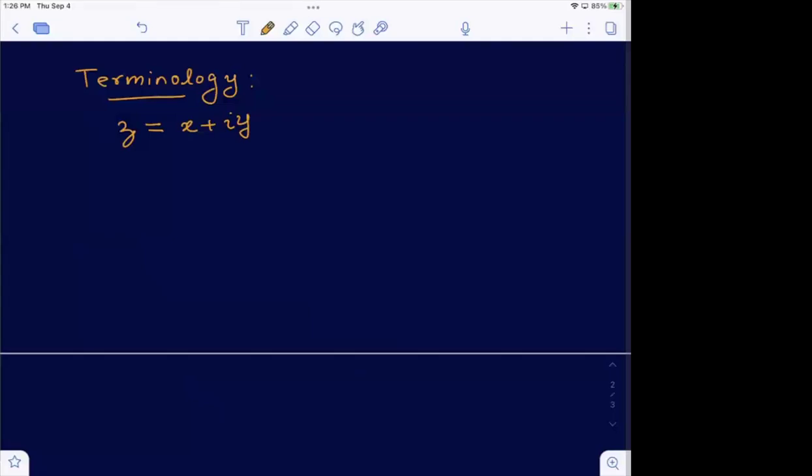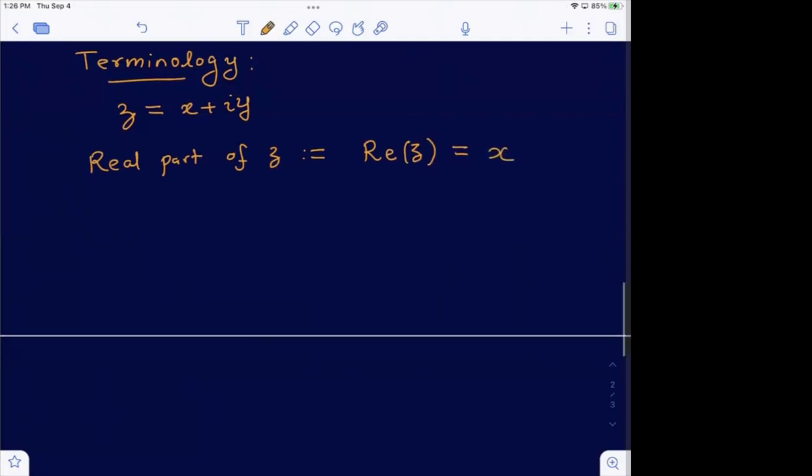The real part of number z is indicated by this symbol, Re(z), and that is none other than the x coordinate.